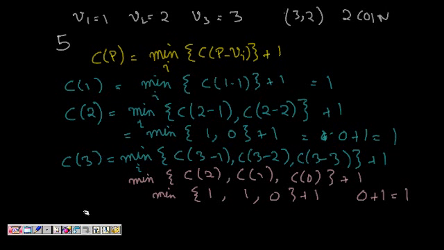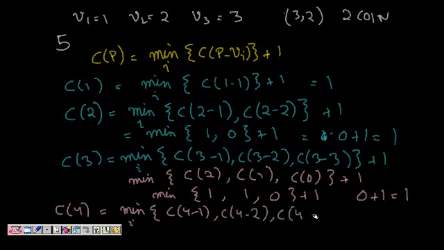Now let's see how we can make change for 4. C of 4 will be the minimum of C of 4 minus 1, C of 4 minus 2, C of 4 minus 3, since these are the only possible coins, plus 1.